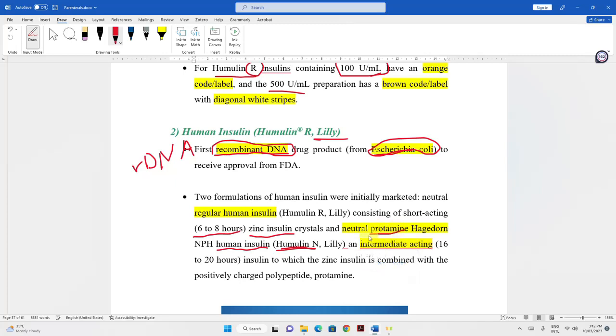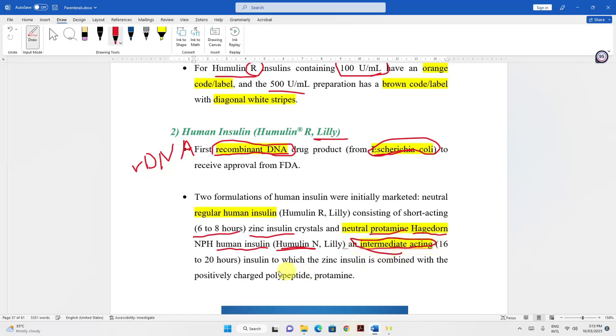Okay, we are adding protamine, and protamine is an amino acid, and it's made in neutral. The scientist who made this one is called Hagedorn. So Hagedorn added protamine to zinc insulin, and this allowed it to have a longer duration of action.